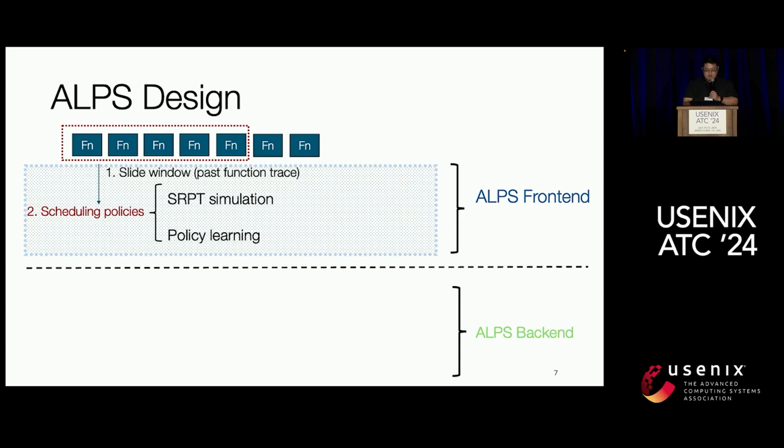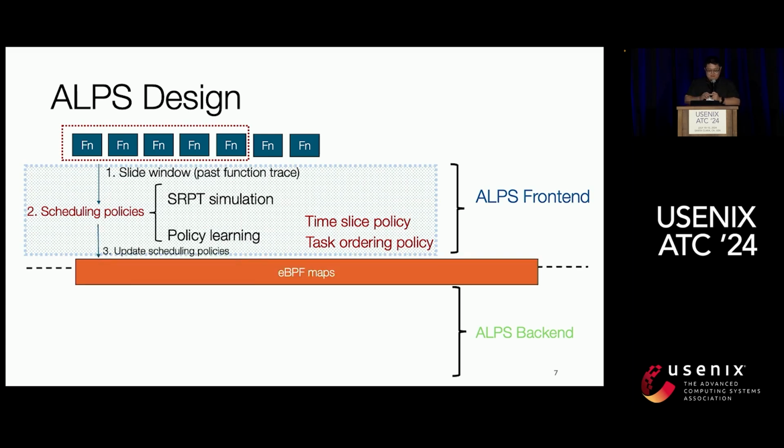And then we learn the scheduling policy. As mentioned, there are two types of policy. Then we upload the scheduling policy to the eBPF map. It's noted that those eBPF maps can be read and written by both user space and kernel space. So that's how we communicate between the front end and the back end.